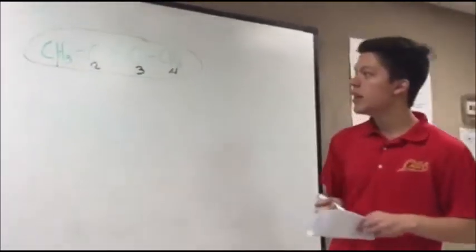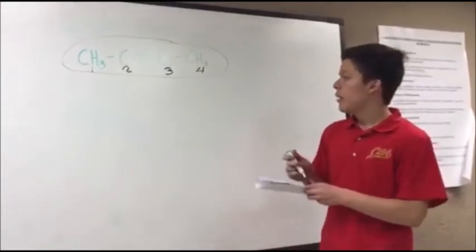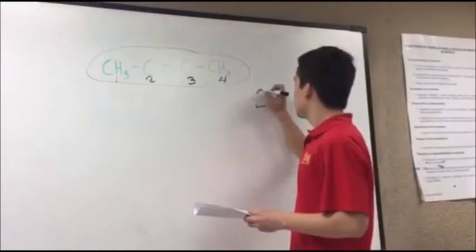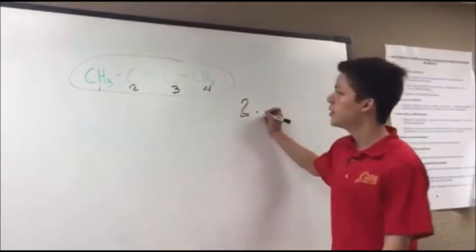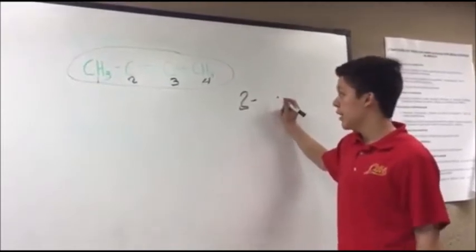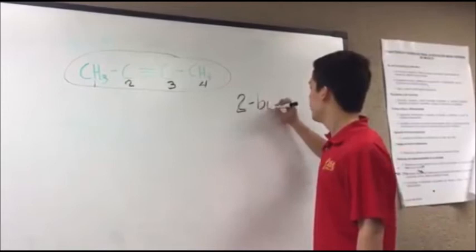Okay, since we don't have any branches, the name will be 2 because in carbon 2 is present the triple bond. We have 4 carbon atoms and it is an alkyne because of the triple bond, so it will be butyne.